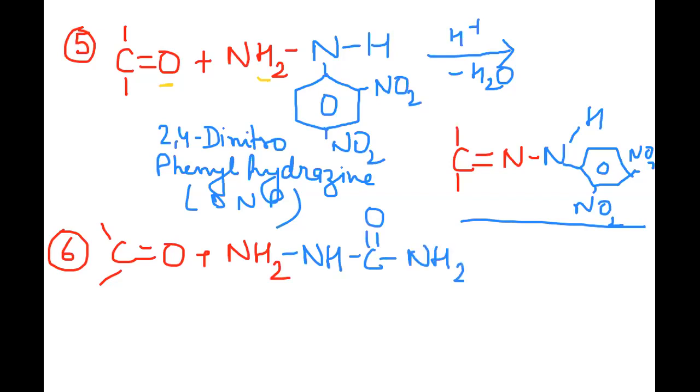You see, actually a urea molecule is getting added here. Urea is NH2, CONH2. This part is adding up in place of the Z, the ammonia derivative, and this compound is called semicarbazide.